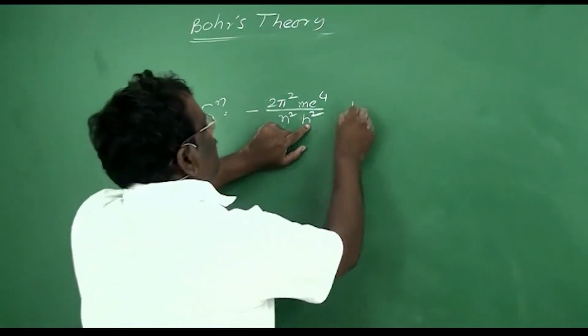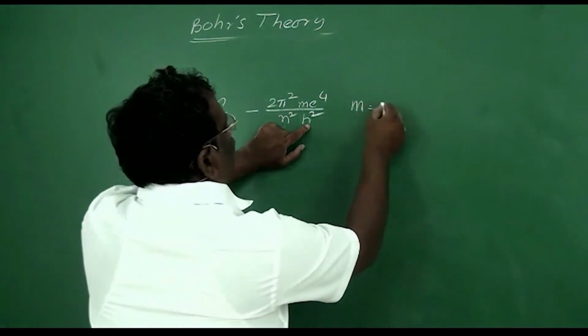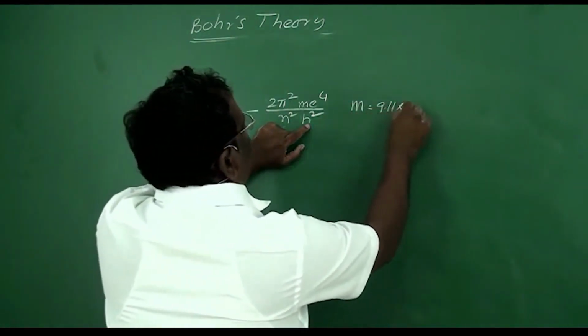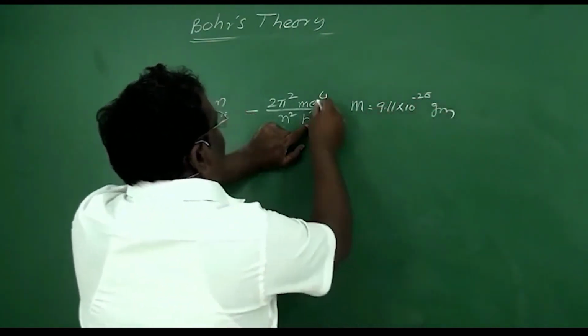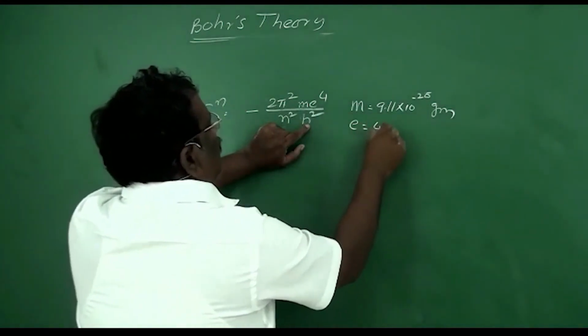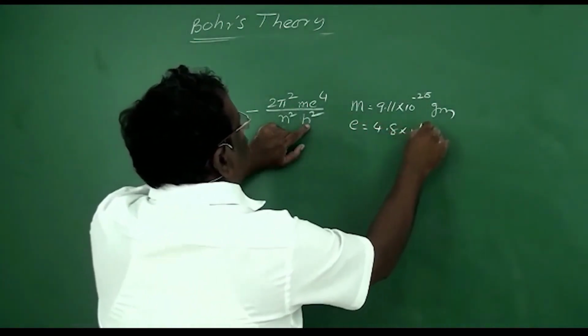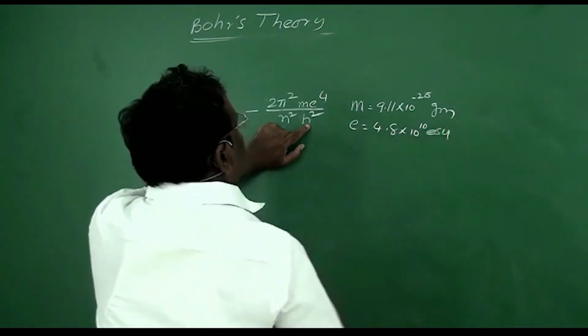Here m is the mass of an electron, that is 9.11 into 10 to the power minus 28 grams. And e is the charge of an electron. This is 4.8 into 10 to the power 10 ESU.